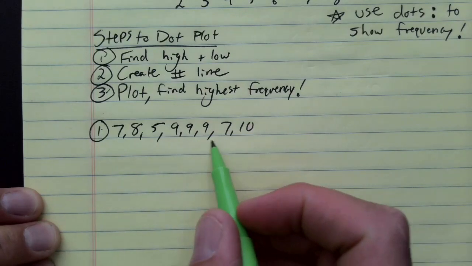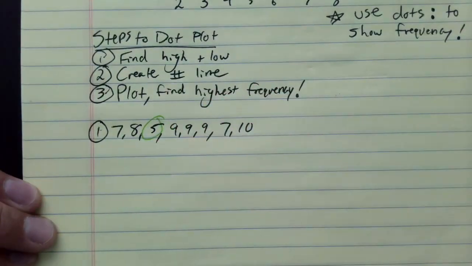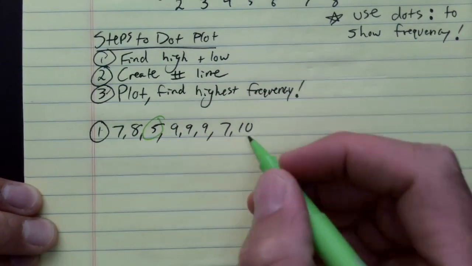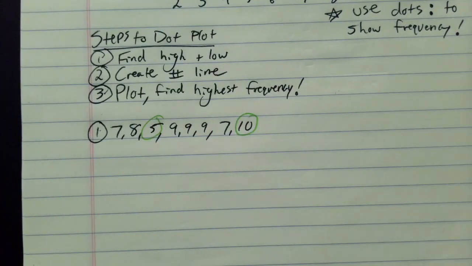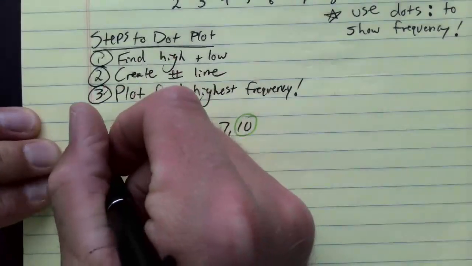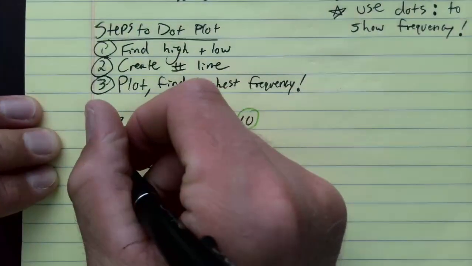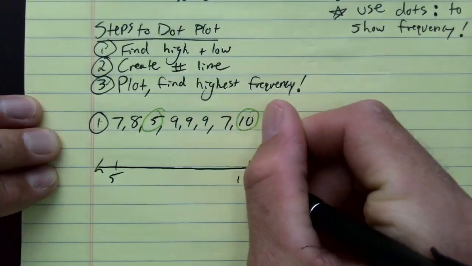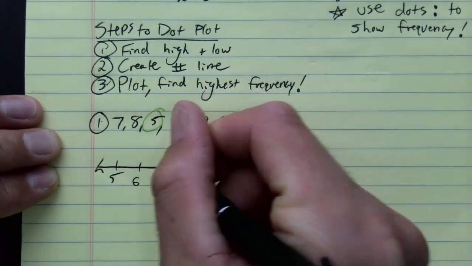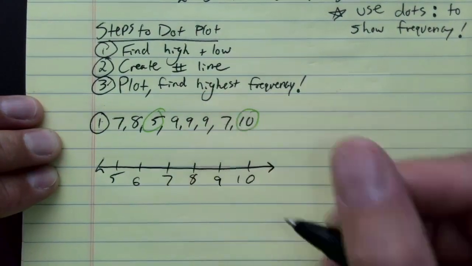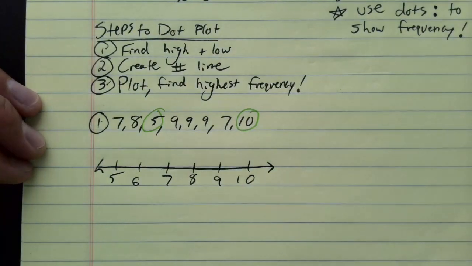Where's your low number? 5 is your low. And where's your high? 10 is your high. So we know that our range is from 5 to 10. So just create that number line. Here's 5, here's 10: 6, 7, 8, 9, 10. Perfect, we just created our number line.